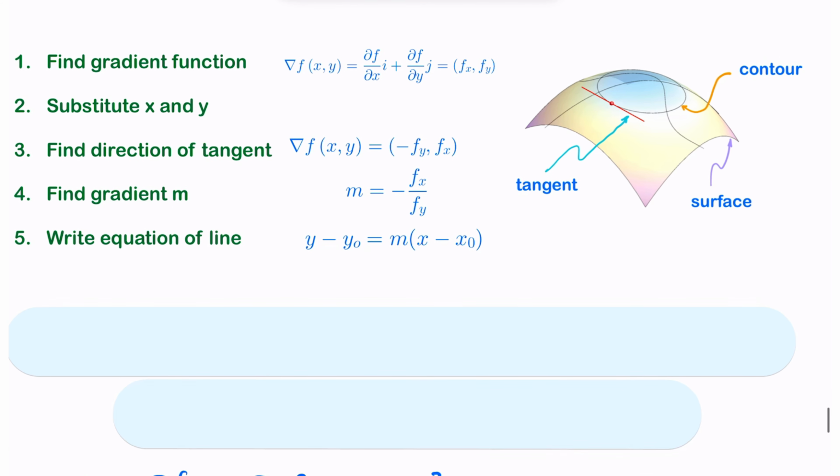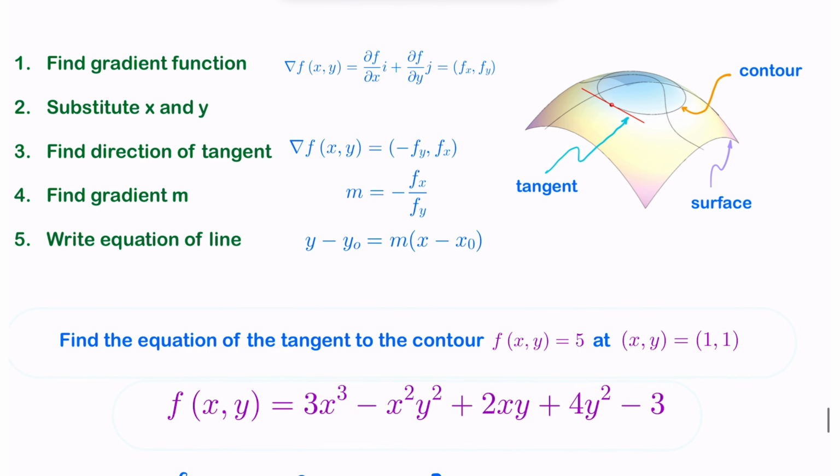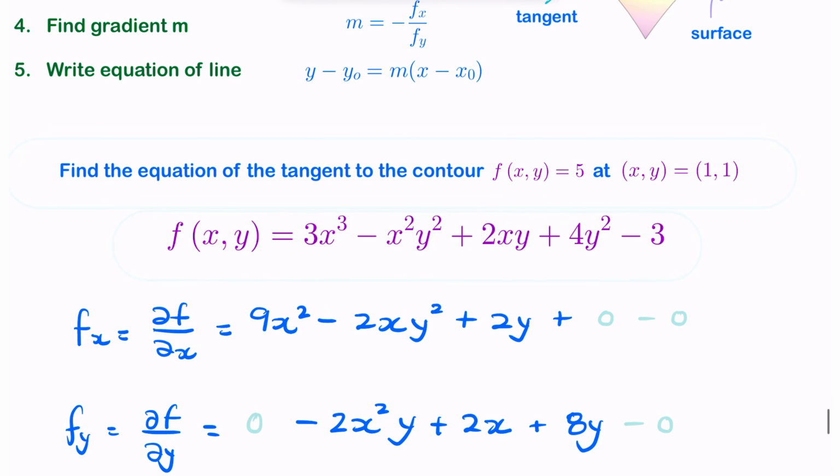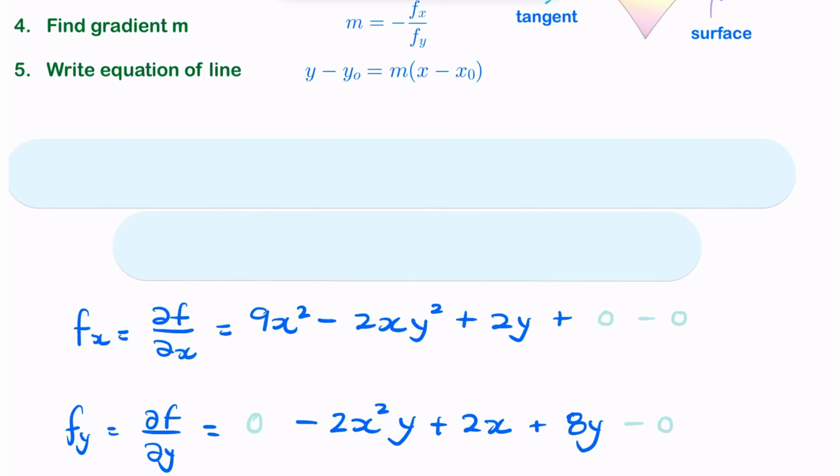If we look at this example, here we're given the equation of a surface, and a point, and a contour that passes through that point, and we're asked for the equation of the tangent to the contour.